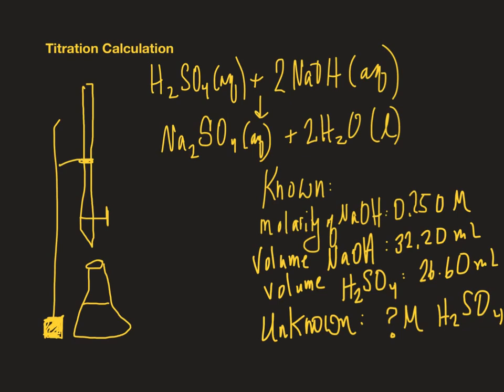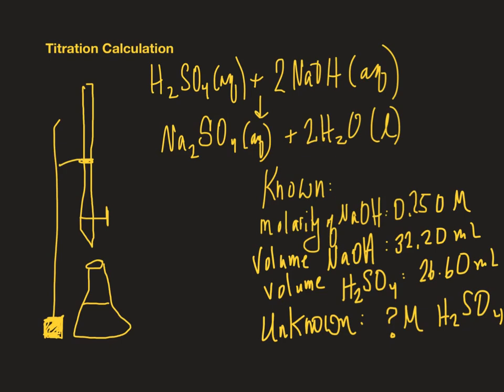So with a titration experiment, you typically have a solution of an unknown acid or base. In our particular case, the unknown is the concentration of sulfuric acid, that's the H2SO4. And the base is sodium hydroxide, and that is a known concentration.